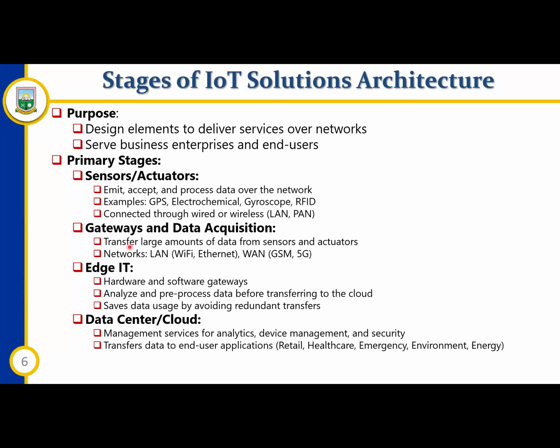So that is where we'll come into the sensor gateway. So the connectivity of the actuator can be through a local area network or a personal area network. The local area network is when you set up a network, maybe with a cable or with a wireless signal, you could have a local area network being set up.